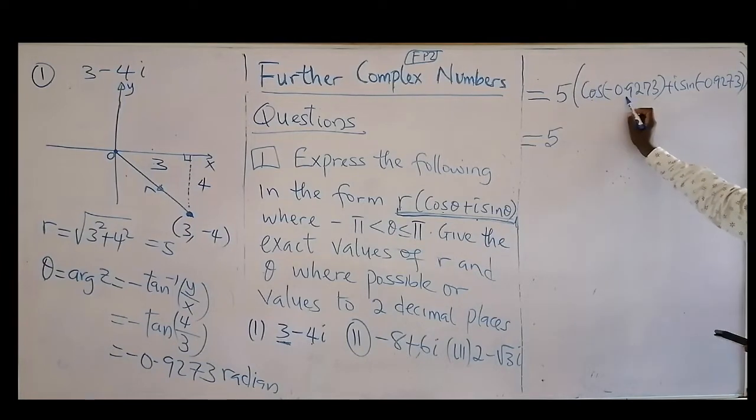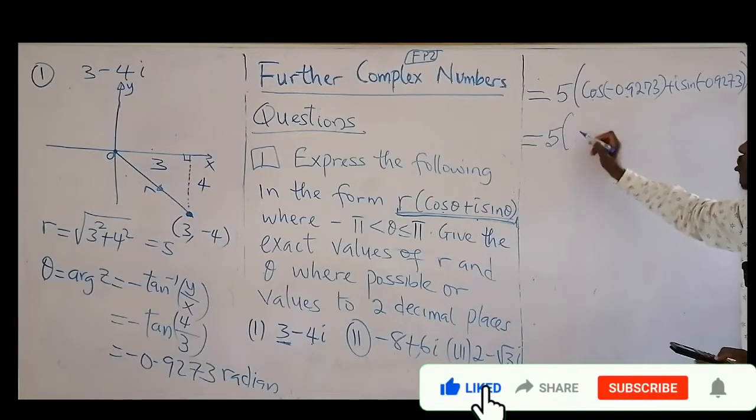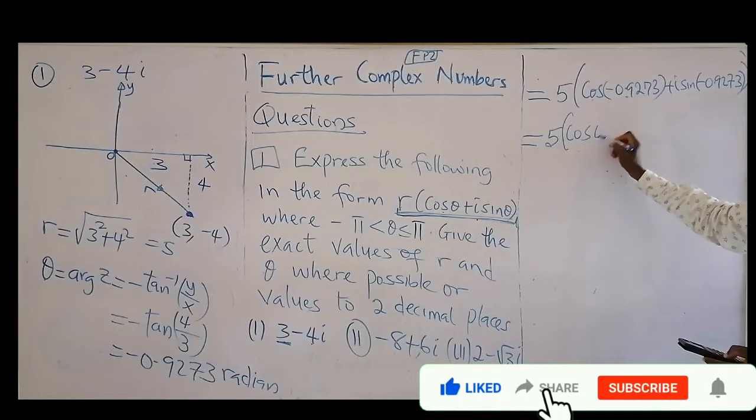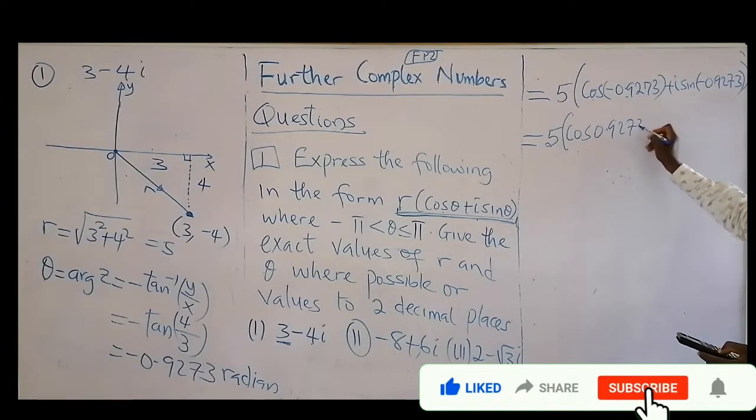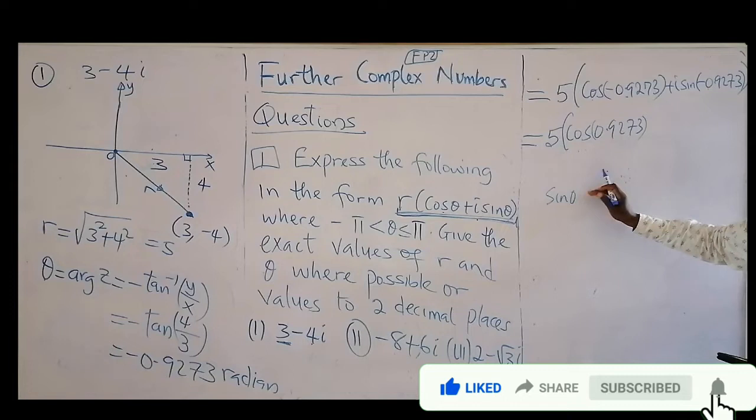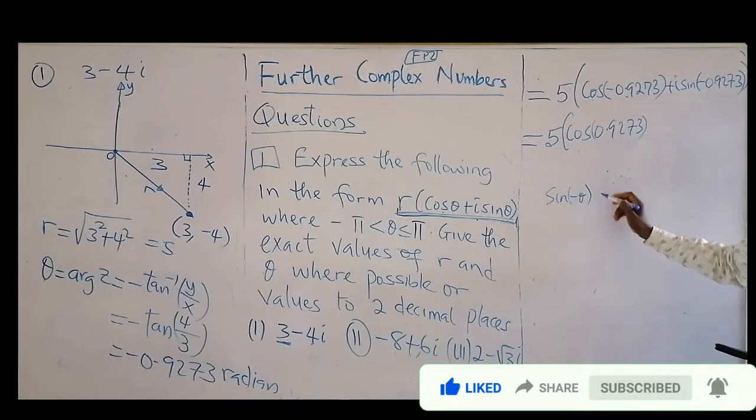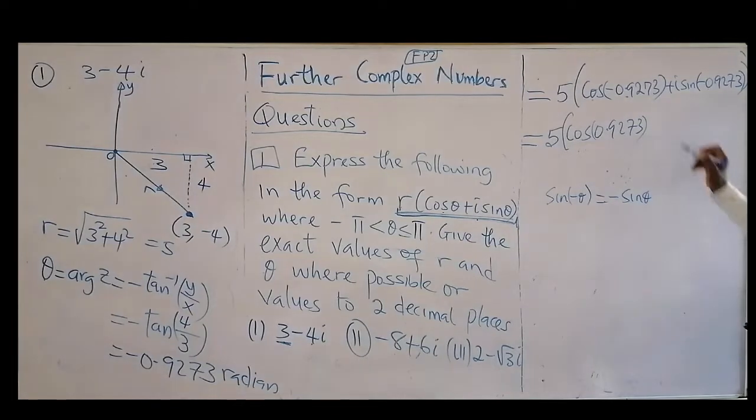Cosine of a negative angle gives you positive, so that will be cos 0.9273. And sine of minus theta is equal to minus sine theta, so that will be minus i sin 0.9273. So that finished the first question.